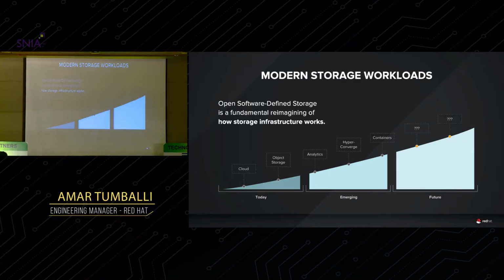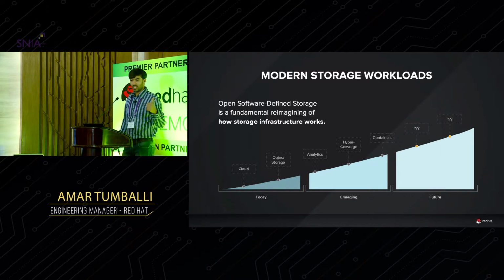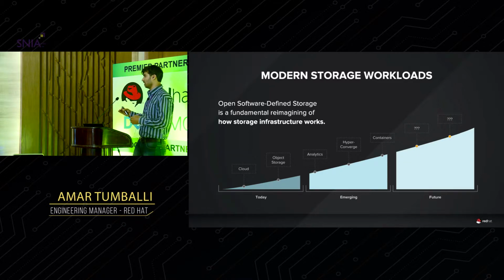So what we are saying here is, today, the major things which are already established, which are decently consuming storage, are cloud and object storage. What is emerging is analytics, as in big data; it is still emerging, as in it's not done yet. Hyperconvergence means, okay, I have a storage node, and it also has compute. It is not just magnetic data sitting there.